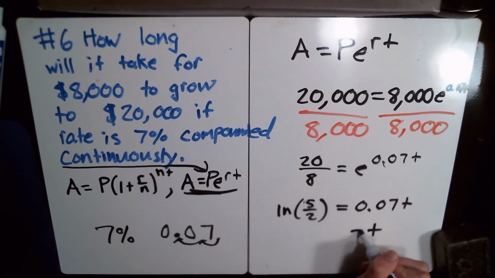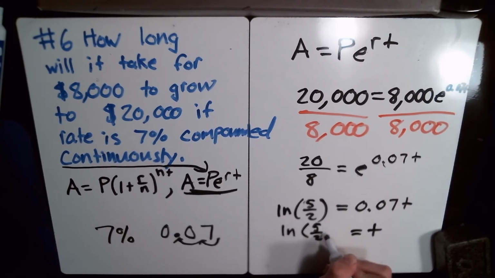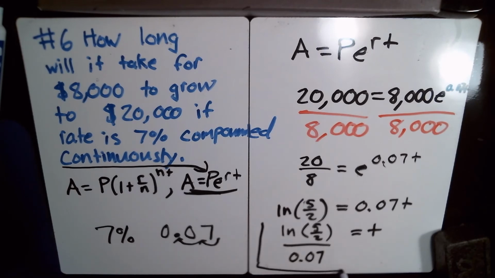So t is going to be ln of 5/2 divided by 0.07. Okay, and you'd throw that in the calculator to let that work.